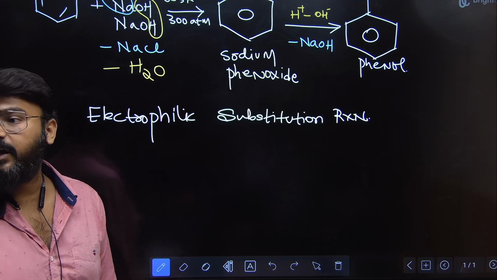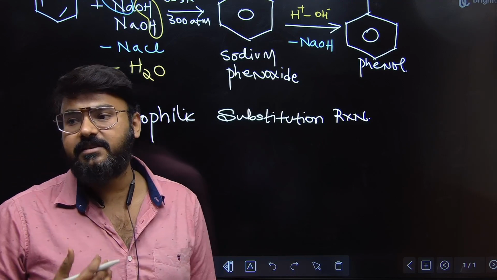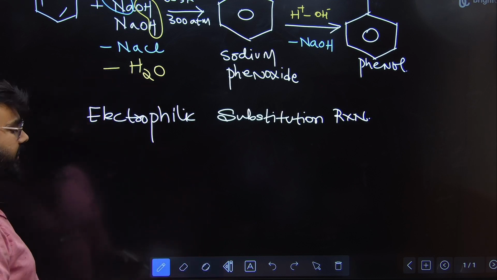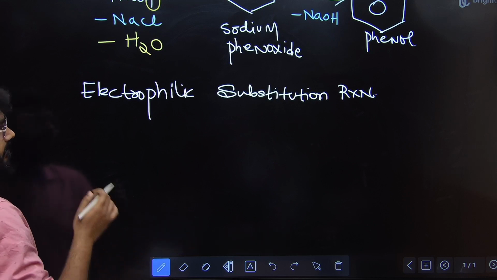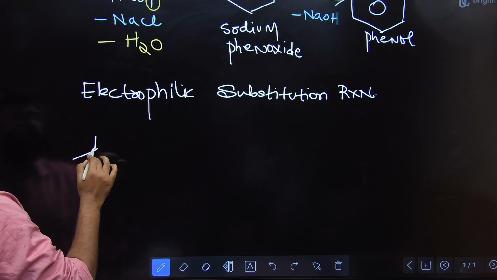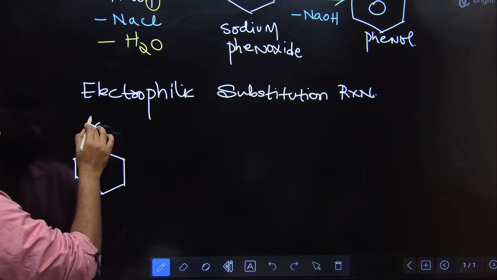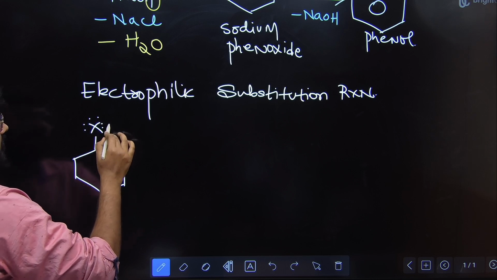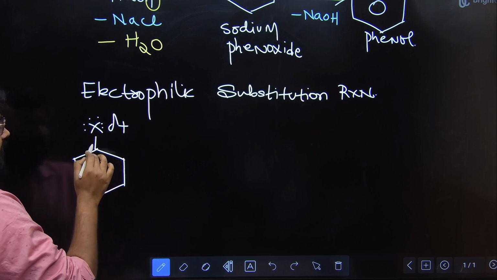Now we are learning electrophilic substitution. It means one electrophile replaces another. All right. So, guys, please see here. We already have seen. Tell me where you have seen this.